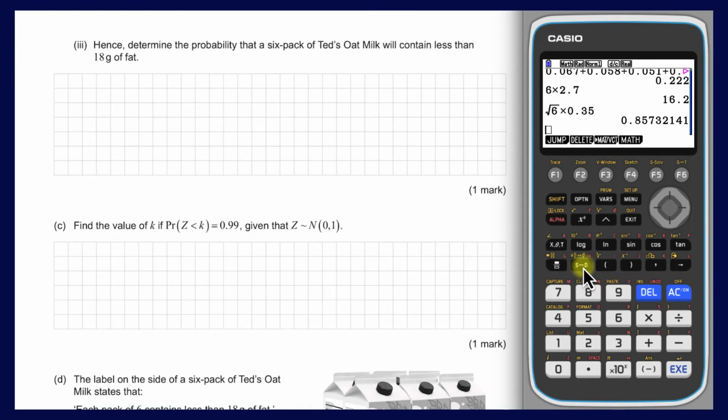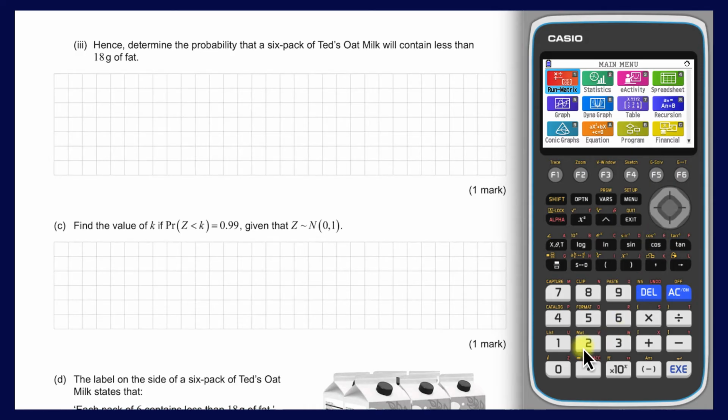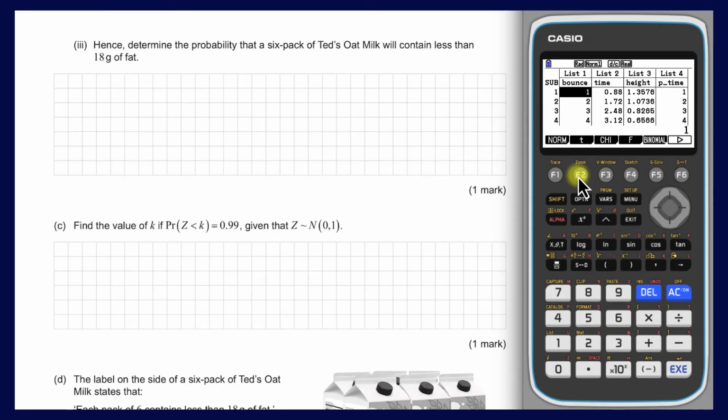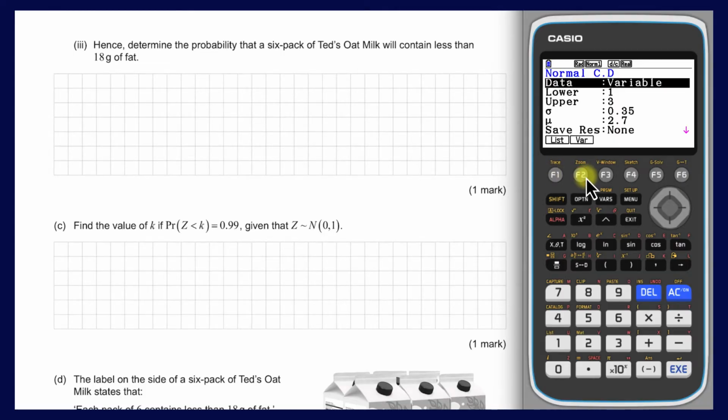So part 3, now we're going to determine the probability that a 6-pack contains less than 18 grams of fat. That would be a normal distribution calculation once again, but with a new mean and a new standard deviation. So we're going to move back to the statistics menu, back to the distribution, normal, have the normal cumulative, and we want less than 18 grams of fat, so we need a calculation that has a lower bound of negative infinity or something in that direction, and an upper bound of 18.